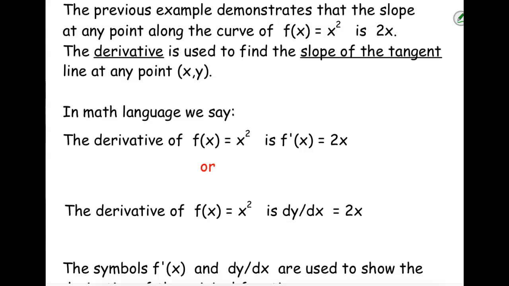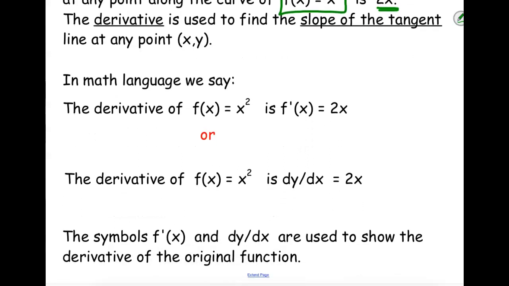How do we find that? We're going to use the derivative function rule, the power rule. So here's that previous example. This is going to be the derivative function. What we see for notations, f dashed x or dy/dx, those are the derivatives of that quadratic.